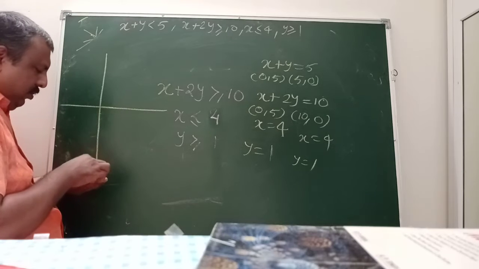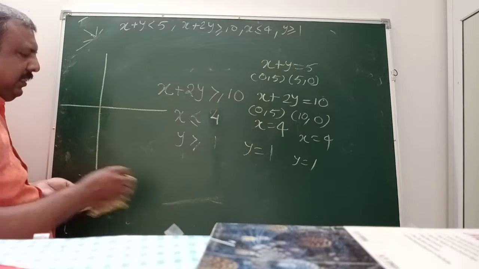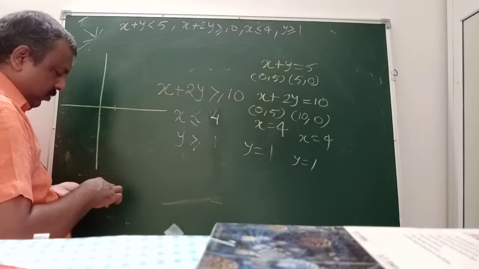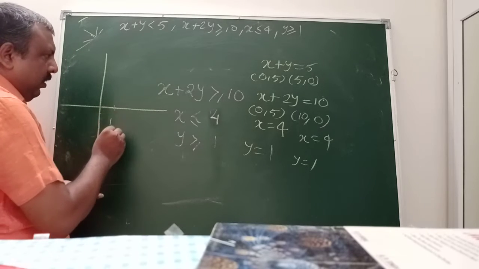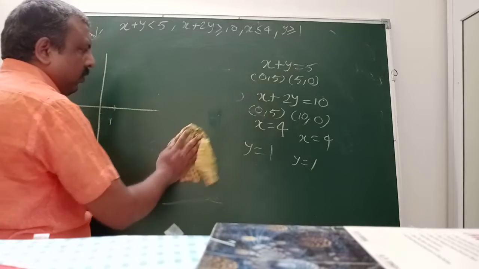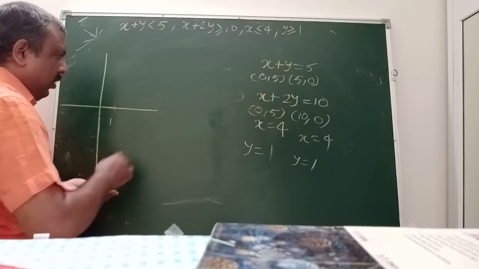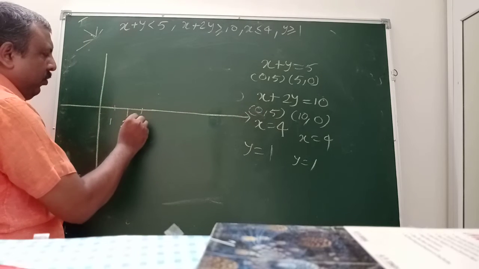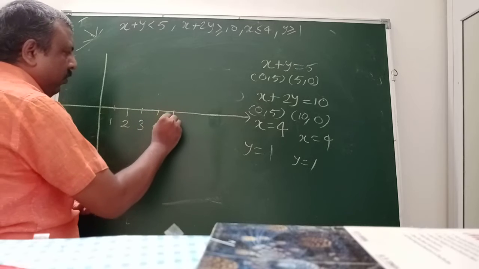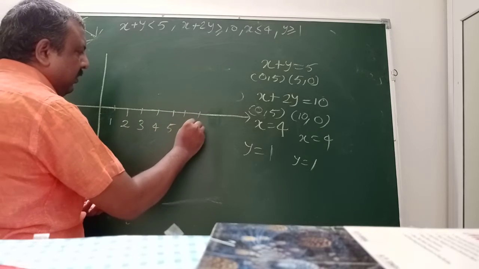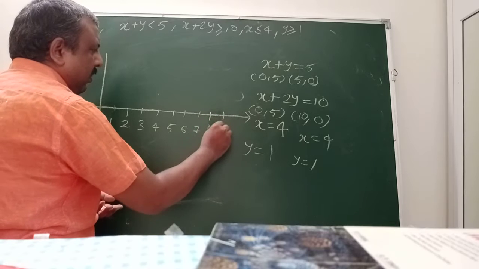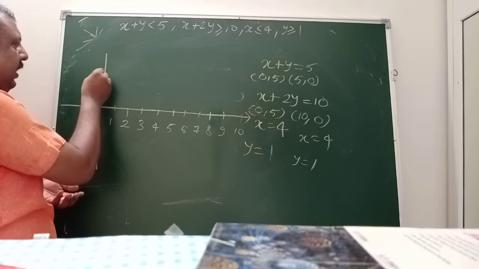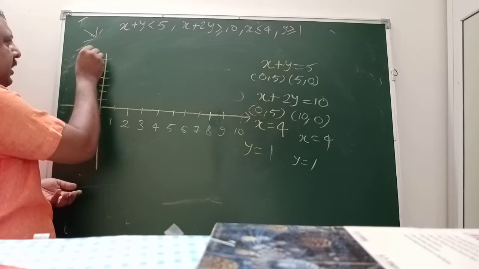I am taking a maximum of 10 available here. So do one thing, take the scale on the x axis as per your choice: 1, 2, 3, 4, 5, 6, 7, 8, 9, 10, and on the other axis 1, 2, 3, 4, 5, 6.